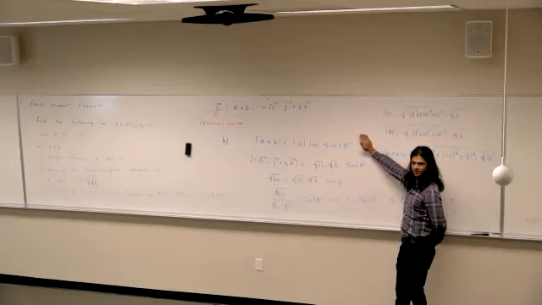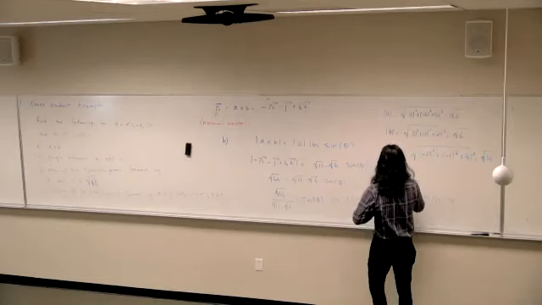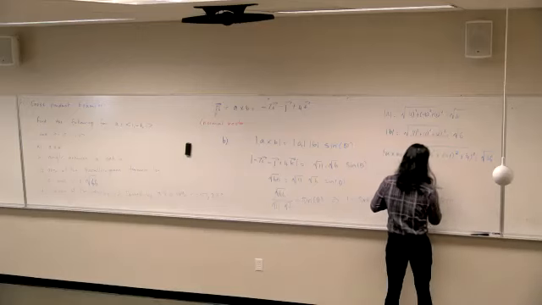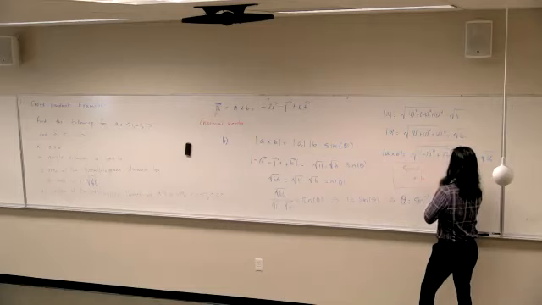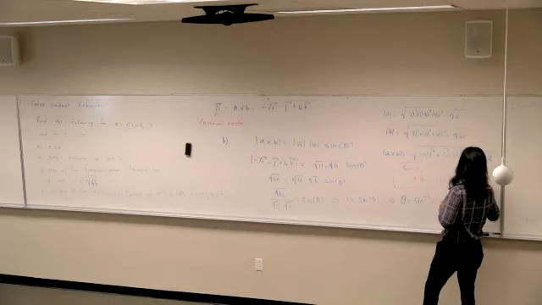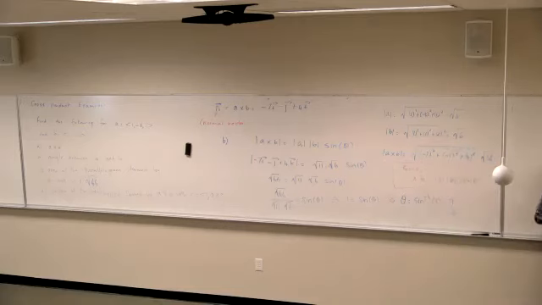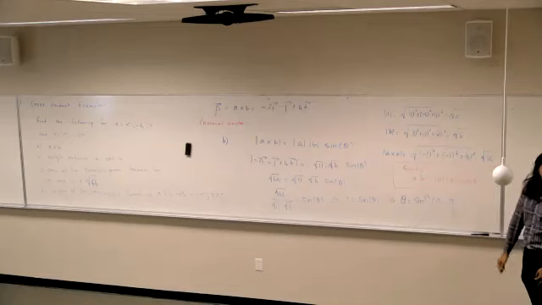I'll give you a hint: A dot B. Recall, you can use the dot product to find the angle. So A dot B is magnitude of A times magnitude of B times cosine theta. It is a matter of choice whether you would use the dot product or cross product. I did it this way because we are talking about cross products.